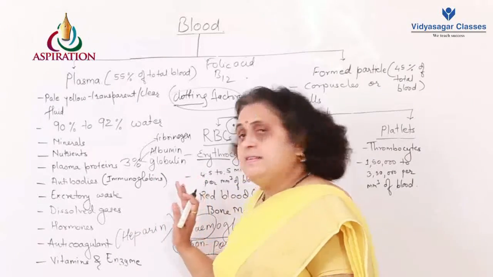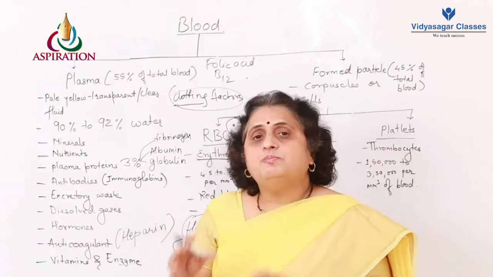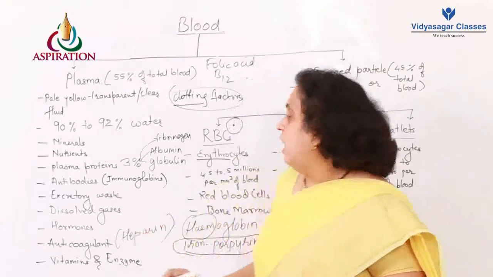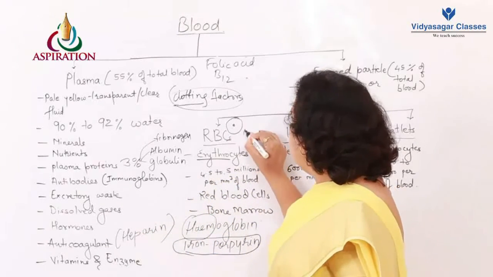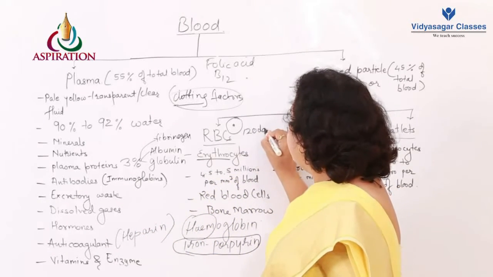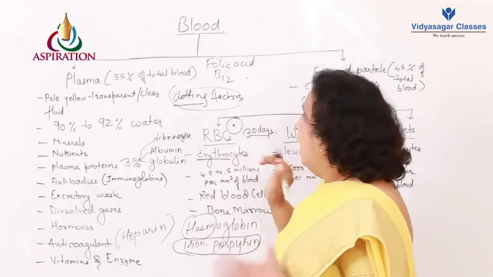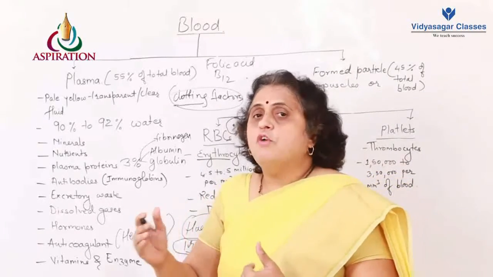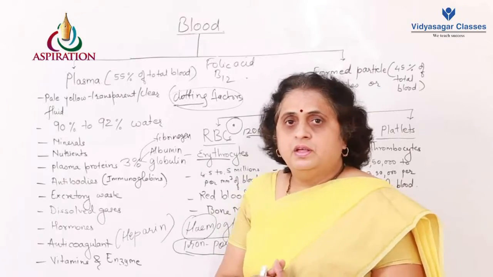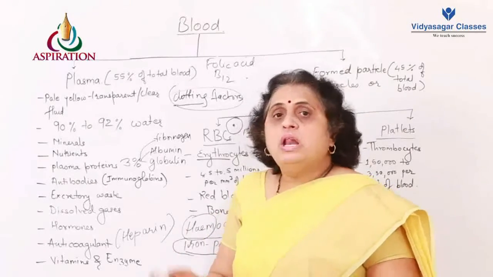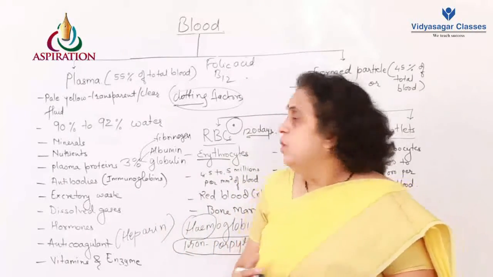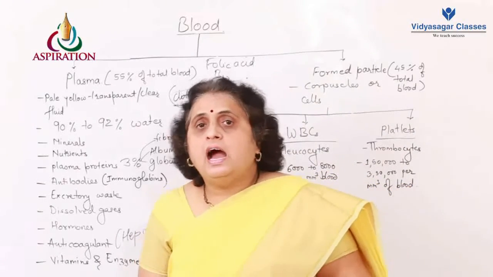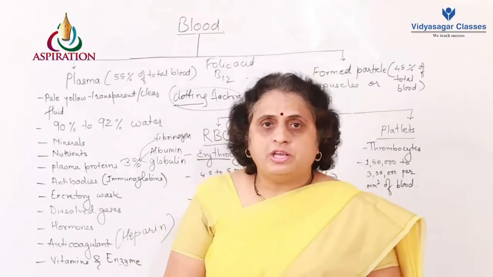These RBCs have a specific lifespan. The lifespan of the RBC is normally 120 days. The RBC produced will remain in the circulation for 120 days, after which they are destroyed in the body.